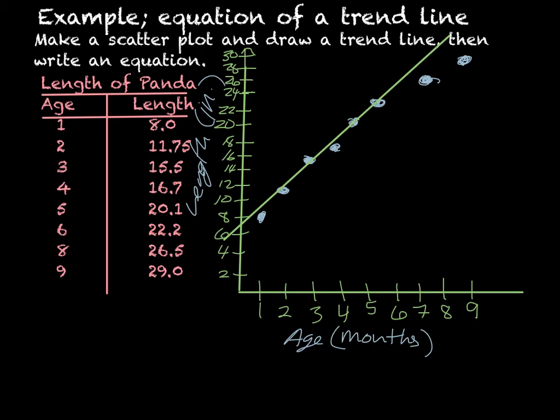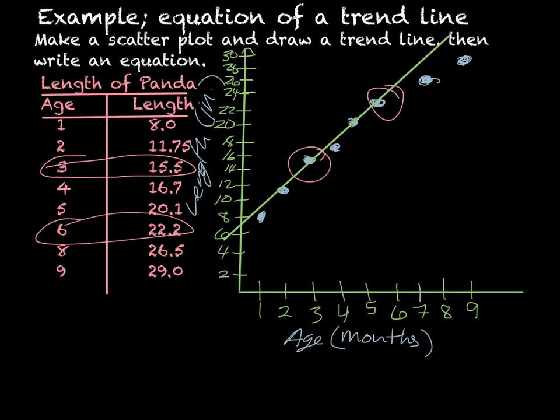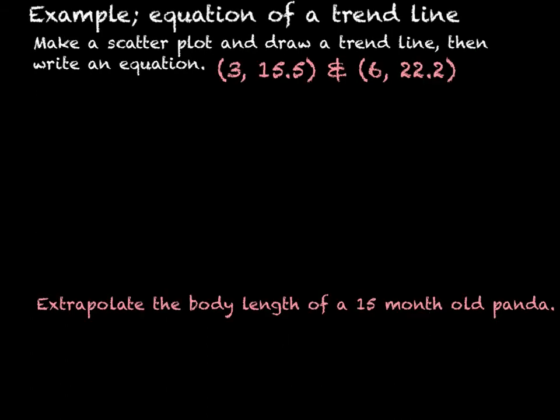So I'm going to pick the points right here and maybe right here, just because they seem to be right on top of the trend line. So that would be the point (3, 15.5) and (6, 22.2). Now when you're picking points, it doesn't have to be exact. I mean, the answers might be a little different, but just pick 2 points that are on the line. So we have picked our points, (3, 15.5) and (6, 22.2).